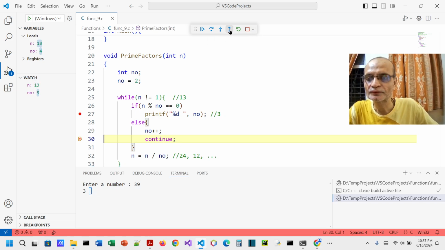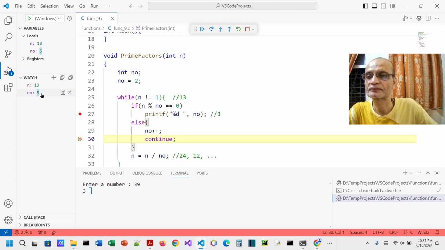So let's continue. Now you will see this particular thing again it entered here, and that's what it is, 5. So NO is now 5 because 4 then 5 it happened obviously here. I'm just stepping it out.